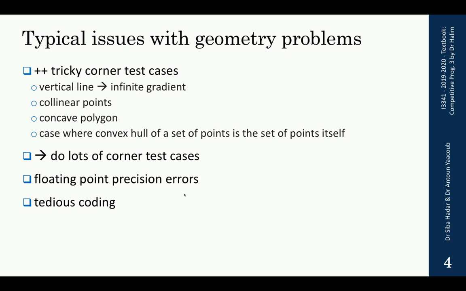So you have a case where the convex hull, the last point we see and discuss today in this chapter, of a set of points is the set of points itself. That's why programmers think that geometry problems are the most complex problems we can encounter, because of those tricky test cases. And add to this the issue of floating point precision error.